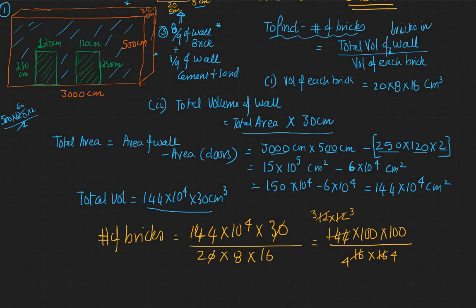Once you do that, you have 9 followed by 4 zeros divided by 16. Oh, we missed a fact that 8/9 of the wall is brick.